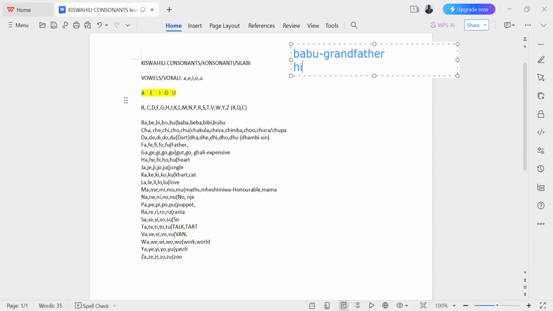If you add another I, the same way you did the cho, if you say hii with double I, then that means this. You're pointing to something there. So you added an I in front of the syllable HI, so it becomes hii.